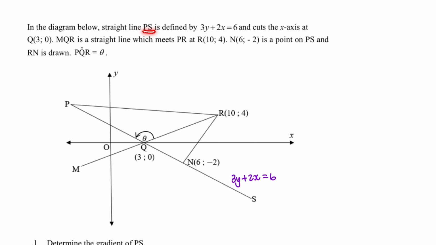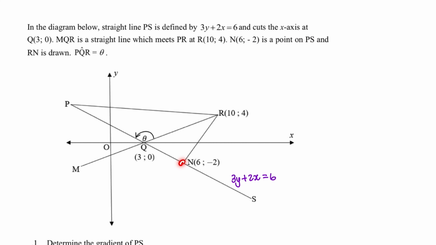And the line PS cuts the x-axis at the point Q, so we know that Q is on the line of PS. MQR is a straight line which meets PR at the point R. So MQR is given as a straight line and it meets the line PR at the point R. Next we are given N and it's a point on the line PS.